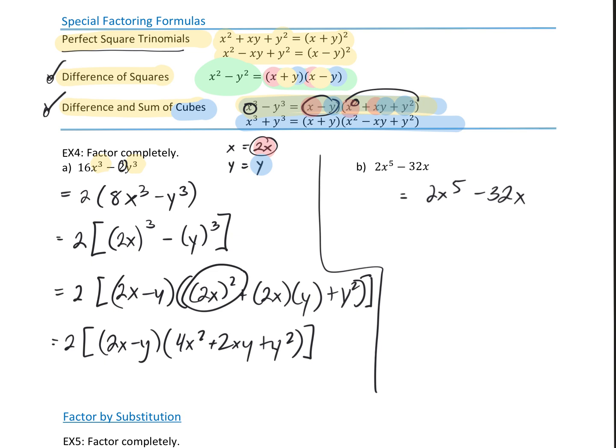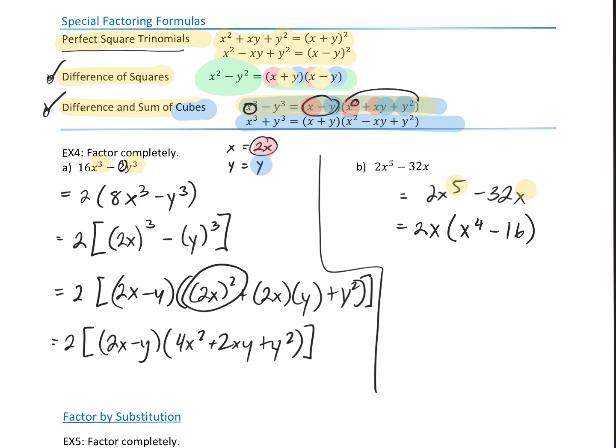But currently I have a 5 power, or to the 5th power, and a 1 power. So I'm going to try factor out a greatest common factor first. The 2 and the 32 are even, so I'll factor out a 2. And then they both share an x, so I'll factor out 1x. And what am I left with? I'm left with x to the 4th minus 16.